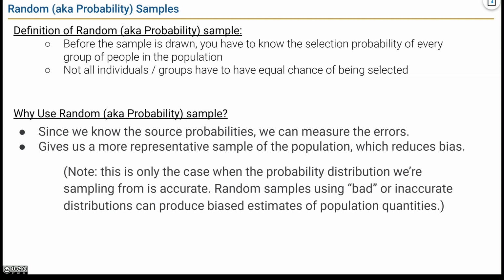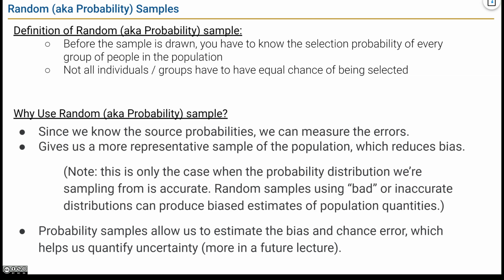Now, I'm going to point out this is only the case when the distribution we're sampling from, your sampling frame, is accurate. This is why you want that sampling frame to, as much as possible, be equal to your actual target population. Random samples using bad or inaccurate sampling frames can produce biased estimates of your population.